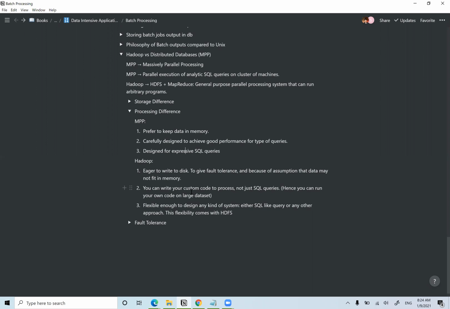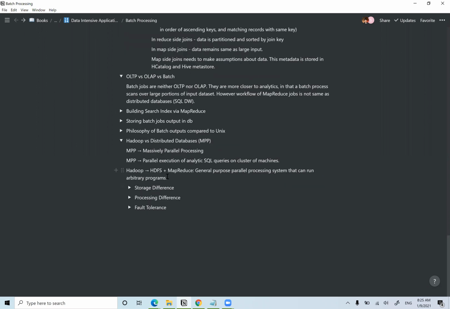So in this way these systems are more flexible, and in fact there have been other systems built on Hadoop kind of systems, which use HDFS as a storage layer and build various other kinds of processing systems. Those are either MapReduce or like Hive, which even implements SQL kind of query execution, where you can write SQL queries and it will convert them to a MapReduce kind of job and output it, right? So that's the difference in the processing of these two things.